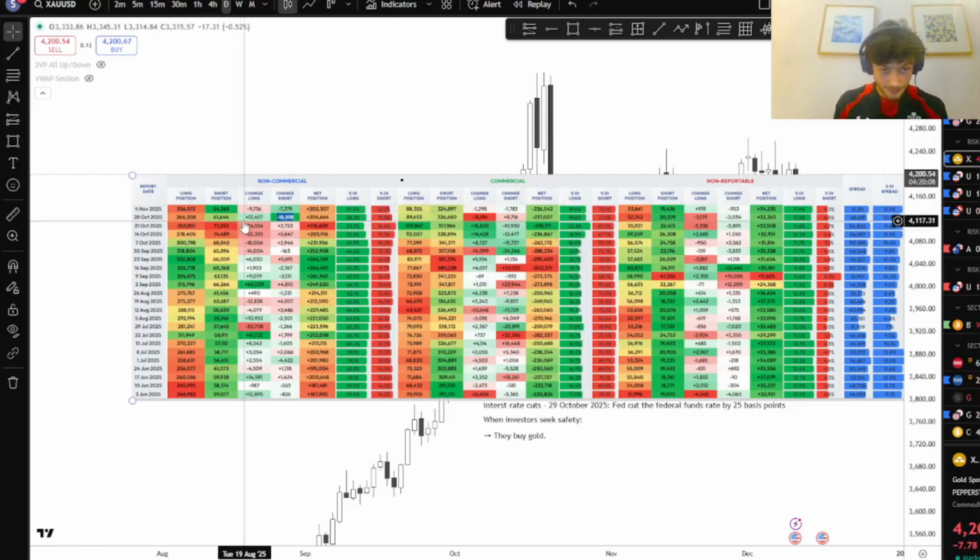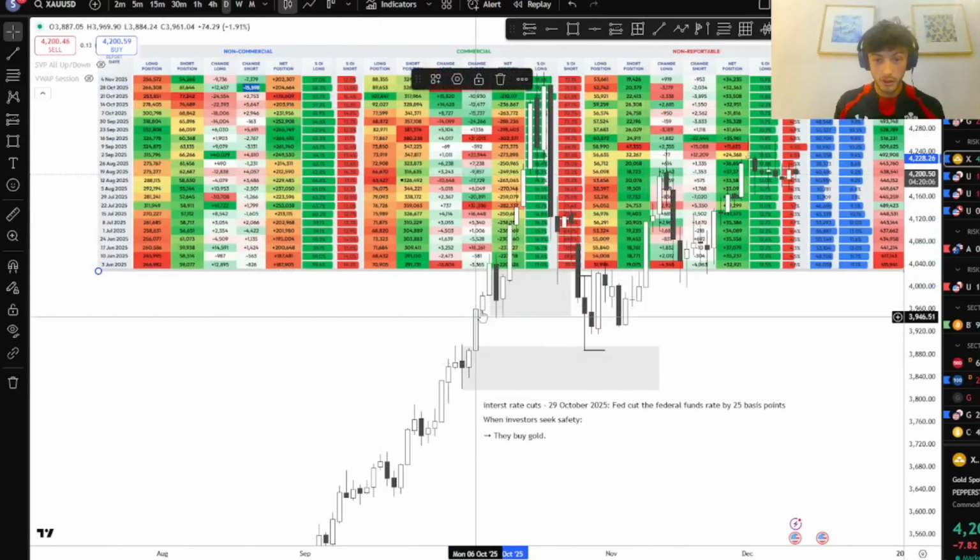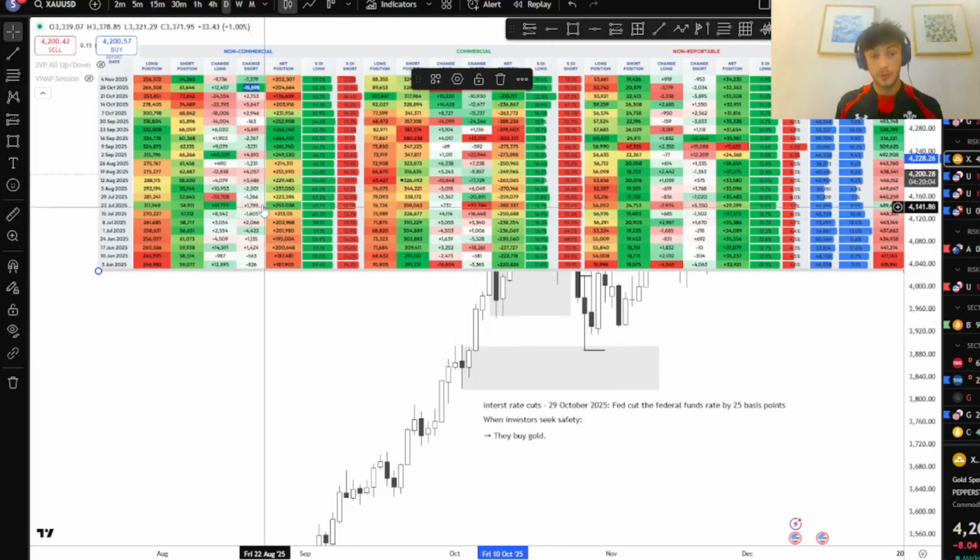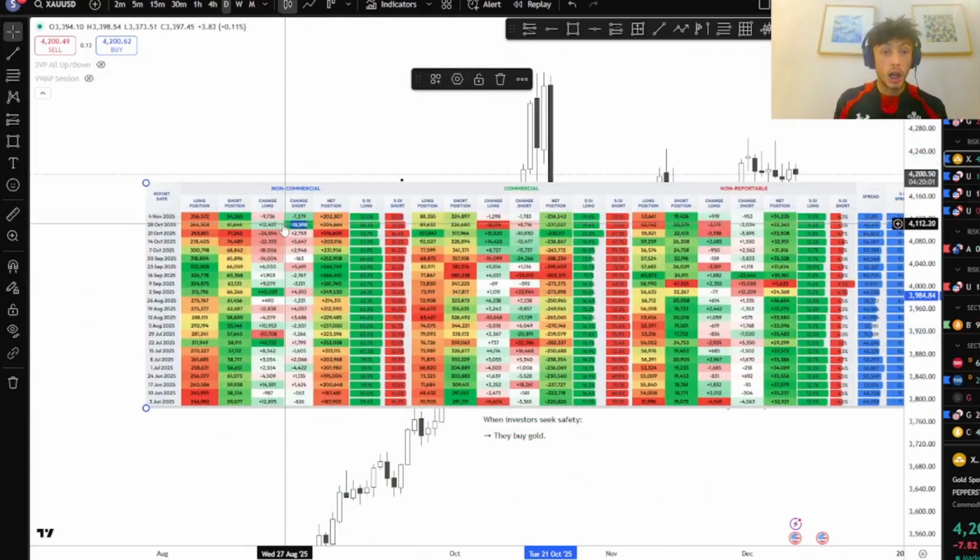So what can we see? Well, first of all, on the 28th of October, right around when price taps into my area of demand, we see a lot of buying coming from the banks here. And what do we see on selling? A lot of the banks are cutting a lot of their shorts and they're putting all their eggs into longs.